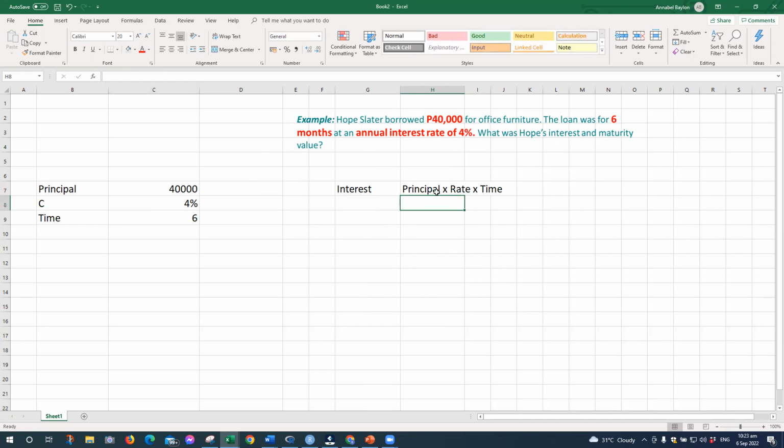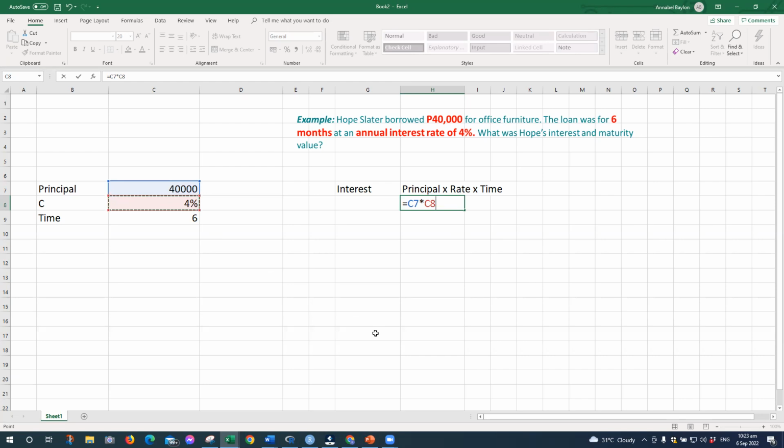So this is our formula, principal times rate times time. Now we can compute easily. In Excel, it will be simply, the principal is 40,000, and then we multiply this by the rate. What's the rate? 4%, right? So we can use that because that's the annual rate.